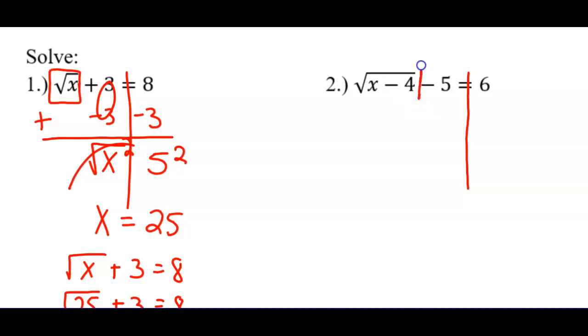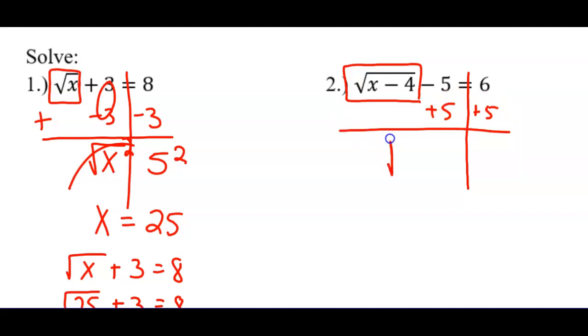If it makes it easier to put the radical in a box like I did on that first one, do that. What's not in the box? The minus 5. How do I take care of the minus 5 and move it to the other side? Add 5.